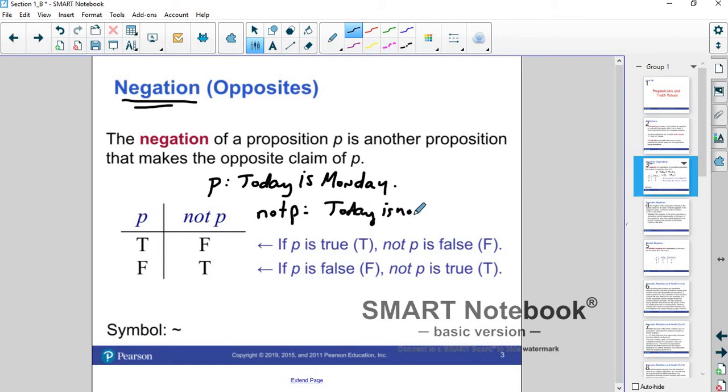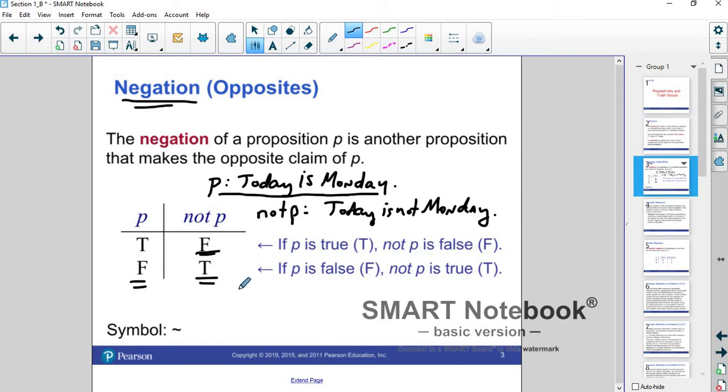And obviously, one of these statements is true and the other statement is false depending on the day of the week. So when today is Monday, then not P is a false statement. But if today is not Monday, right, if it's Tuesday, Wednesday, Thursday, Friday, Saturday, or Sunday, then today is not Monday is a true statement.